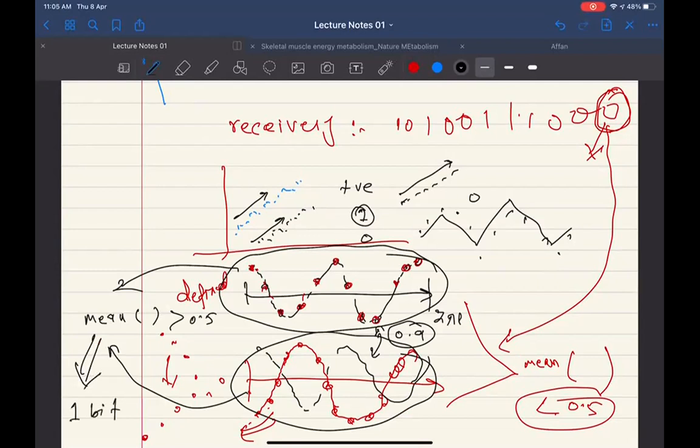Else, if its mean is not greater than 0.5, if it is less than 0.5, it means that it is 0 bit. So this is how we recover our bits in this lab.